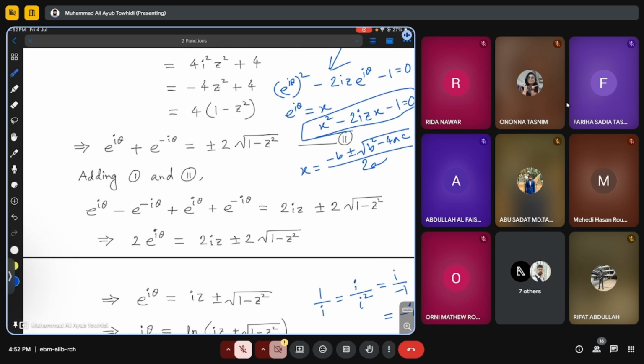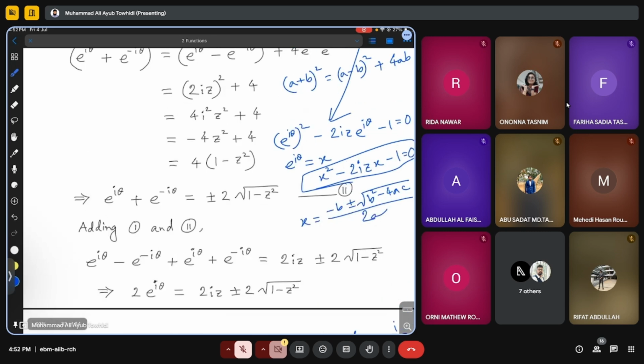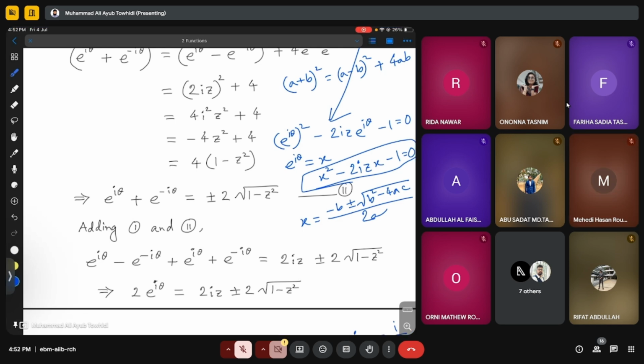So whichever you find easy, you can follow that way. Okay. So any question on inverse circular function? No, sir. Okay, very good.